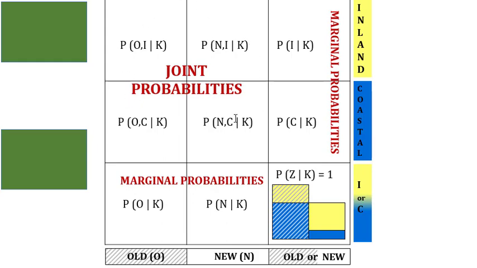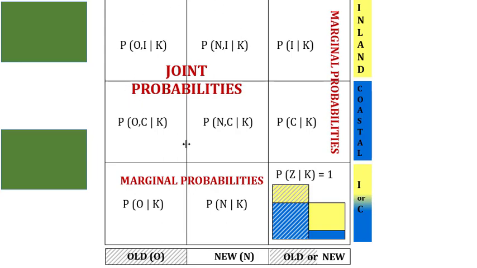Then we have the joint probabilities. The joint probabilities combine the values of the variables age and location. We've got two values for age and two values for location, so a full combination gives us 4 values: old and inland, old and coastal, new and inland, new and coastal.